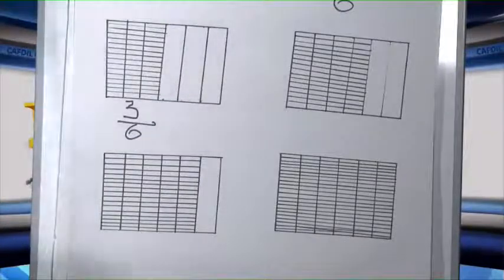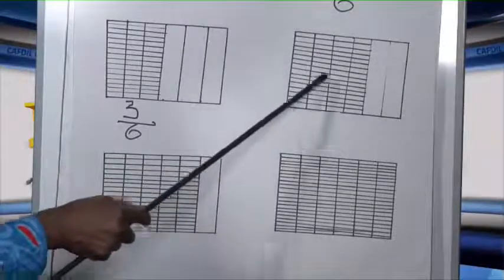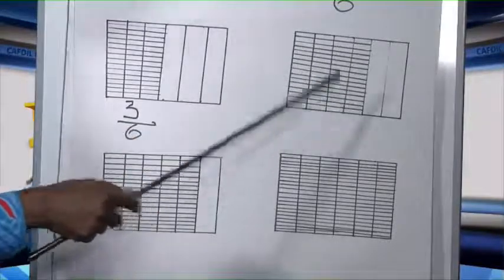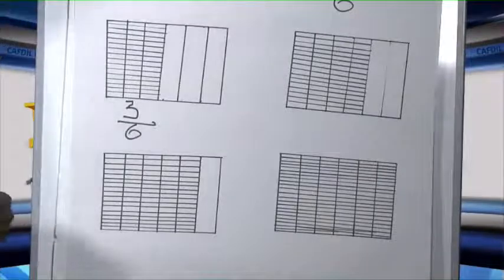How many parts have been shaded? 1, 2, 3, 4. 4 parts. Out of what? Yes, out of 6.